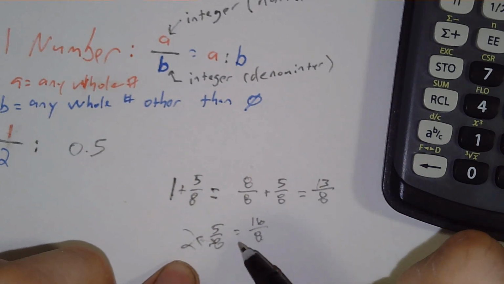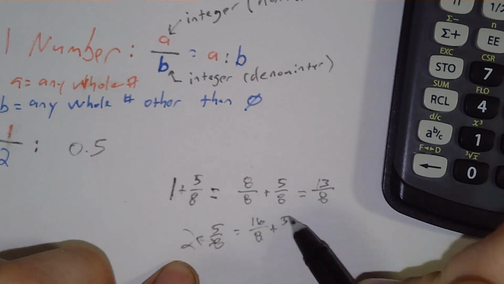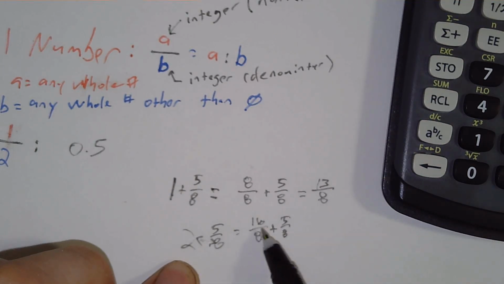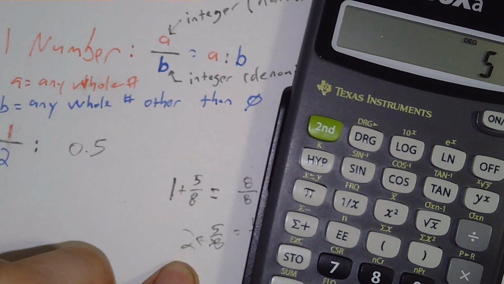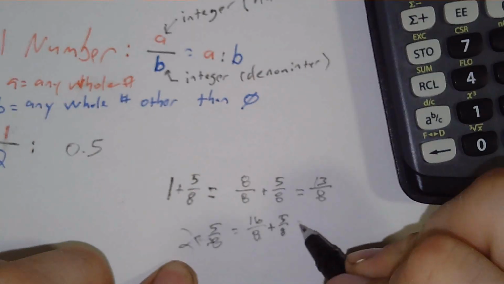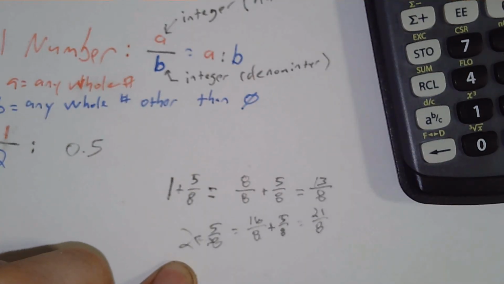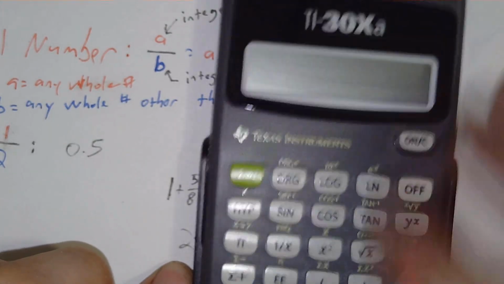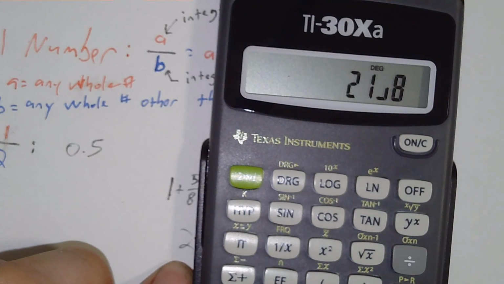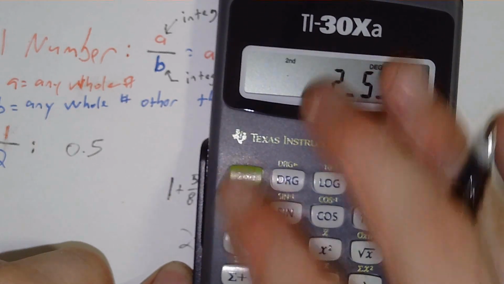Okay? So that's going to be plus 5/8. So 16 plus 5 is 21. 21 eighths. Okay, so 21 eighths equals 2 and 5/8.